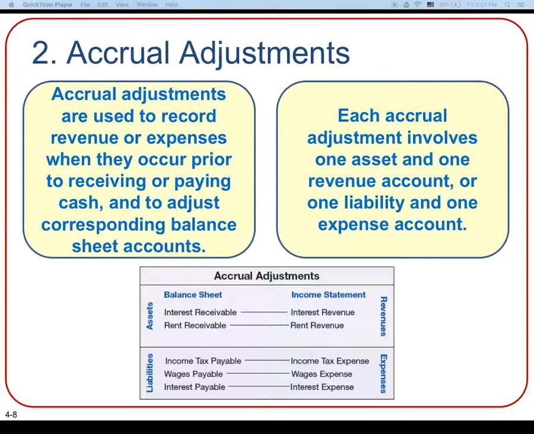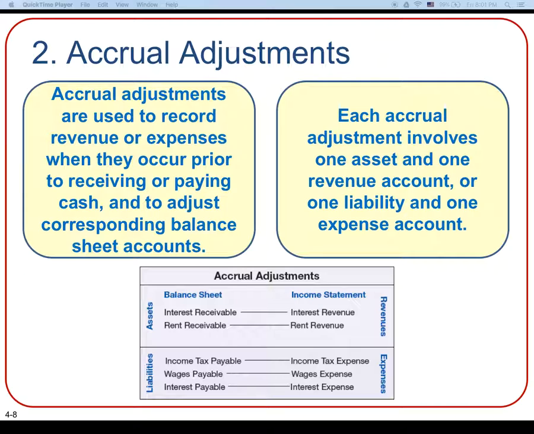So in the accrual adjustment, I use it to record revenue and expense when they occur, but prior to receiving or paying cash, right? And then each accrual adjustment, same way, you always have one asset and one revenue account, or one liability and one expense account.